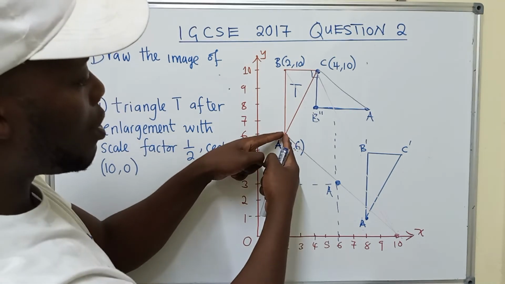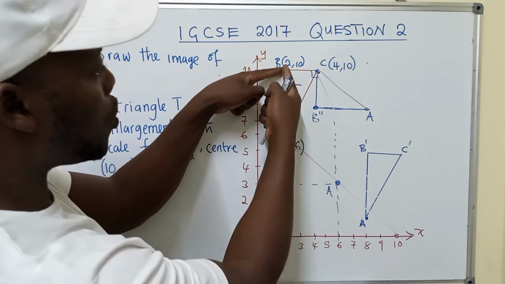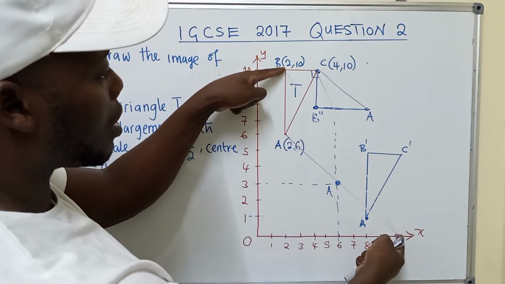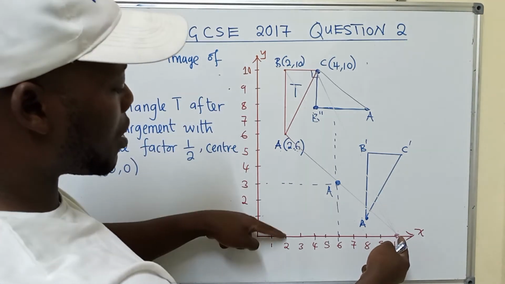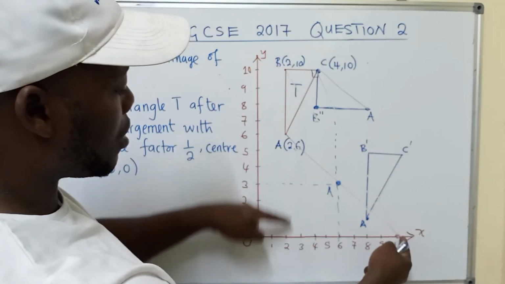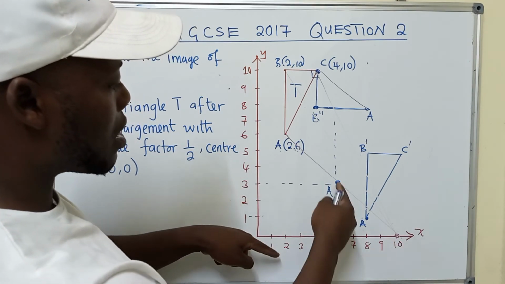We do the same as what we did with this line. Now we go to this line, which is joining point A, point B and the center. So you find the difference. If you can see here, along the x-axis it will be just 8, the same.